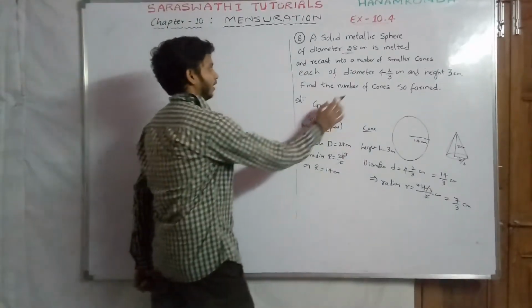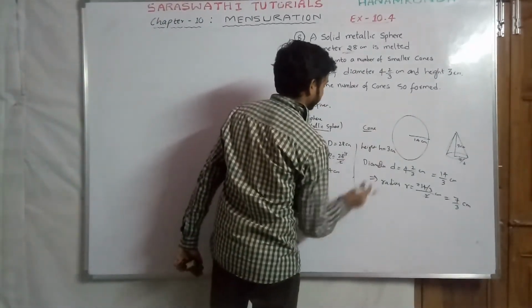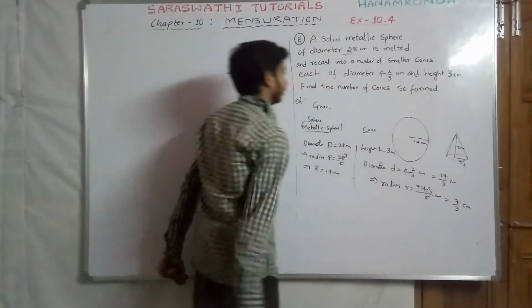Now find the number of cones so formed. Let n cones be formed by melting the metallic sphere.